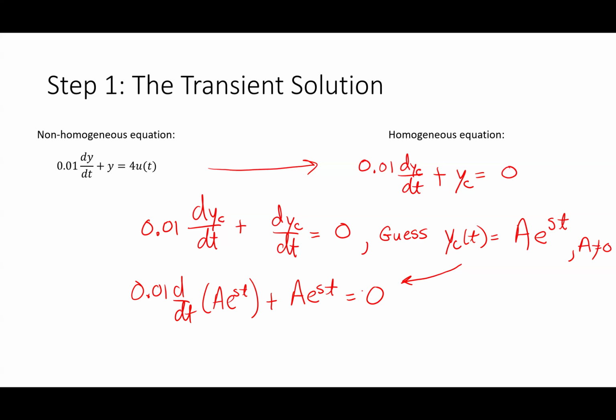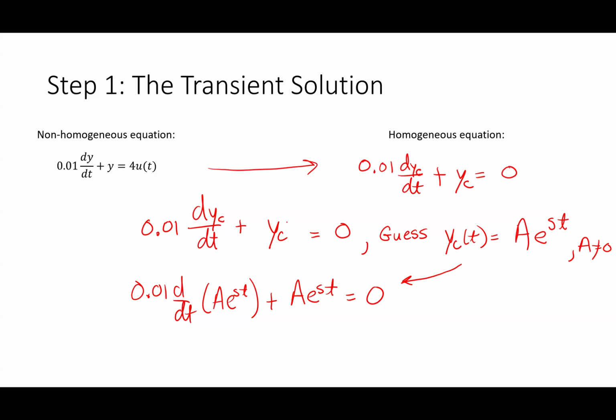What's up? Yeah, good catch. It should be just that: 0.01 dy plus y equals 0. Since I messed that up, hopefully that makes sense how I got from one line to the next.